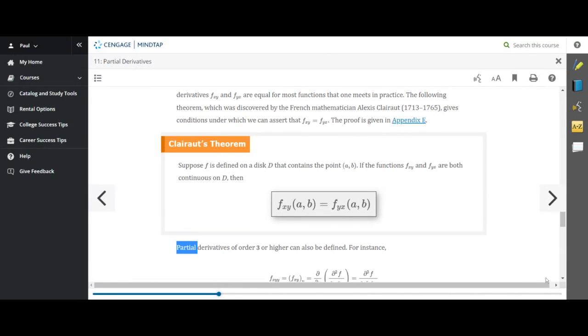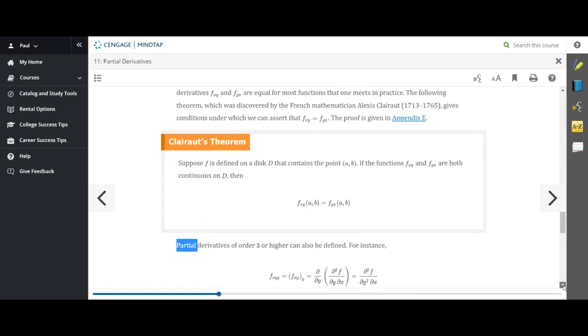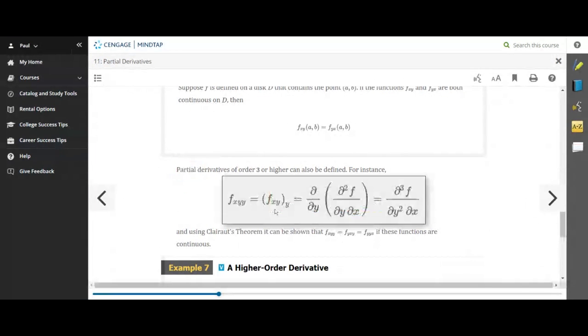But they talk about, well, okay, can we find higher partial derivatives? And the answer is yes, we can. Look at this.